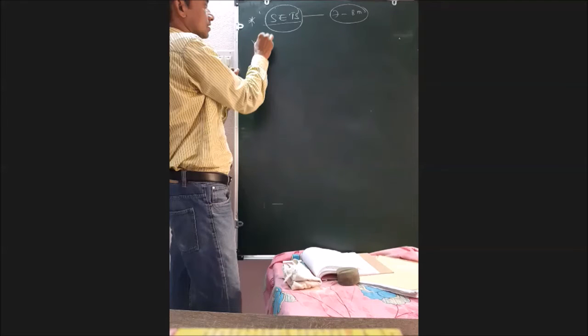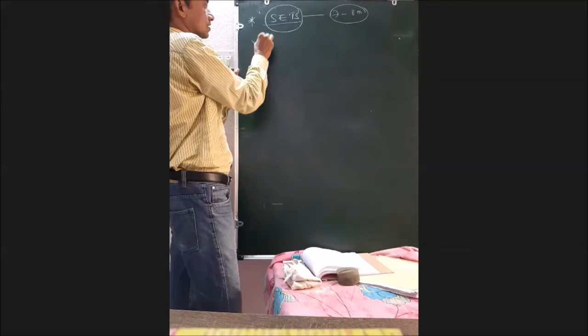So, set concept. Then notation of sets. Notation of sets is of two types: roster form and set builder form. Why I am focusing on this: it is very, very important.